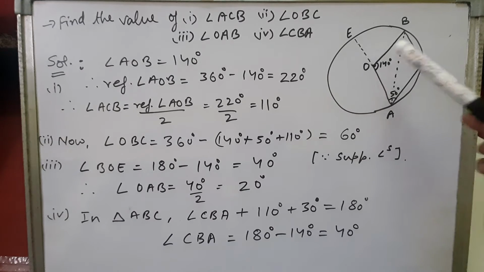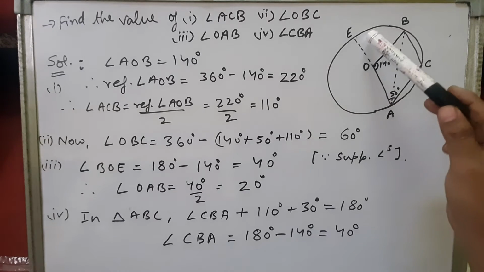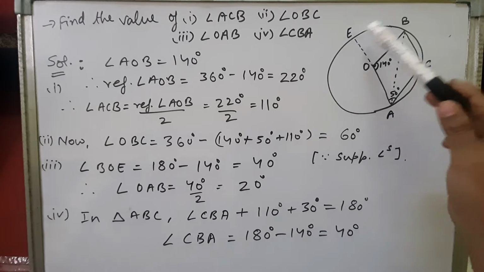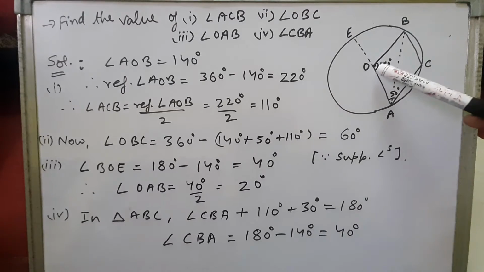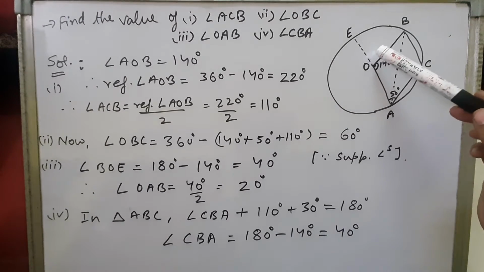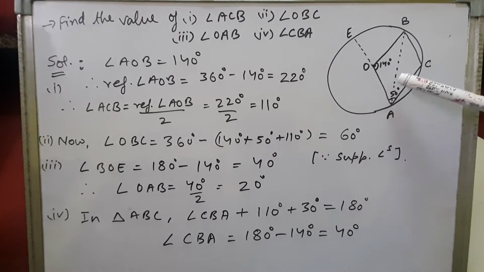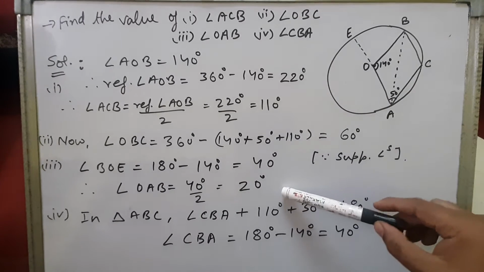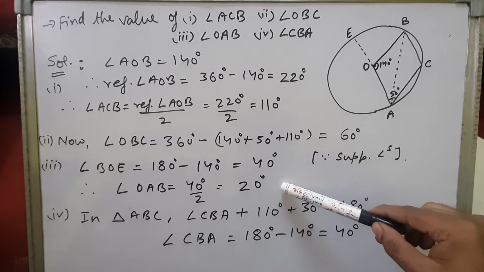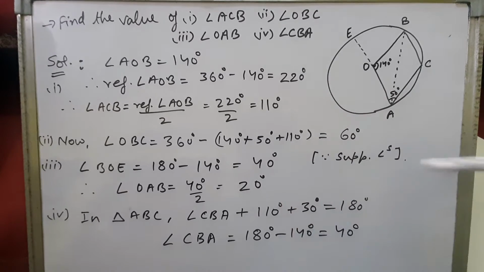Now when this angle is 40 degree, then you see that this is segment BE. Segment BE produces angle at the center, subtended angle at center 40 degree. So on the remaining part of the segment, it will be half of the angle. So angle OAB will be angle EOB by 2, or 40 degree by 2, it will be 20 degree.